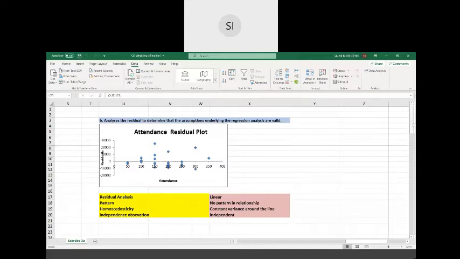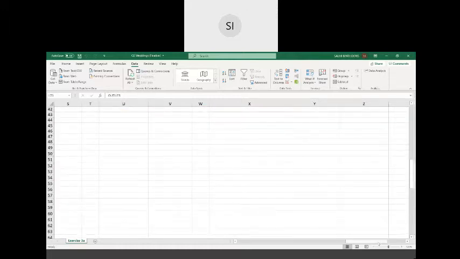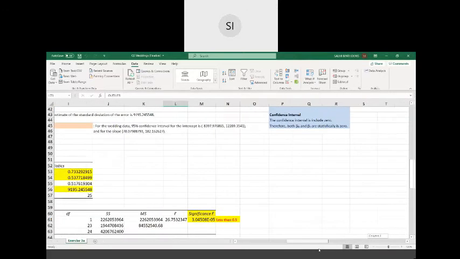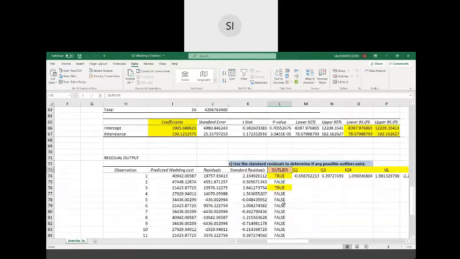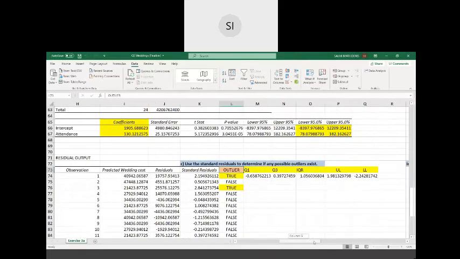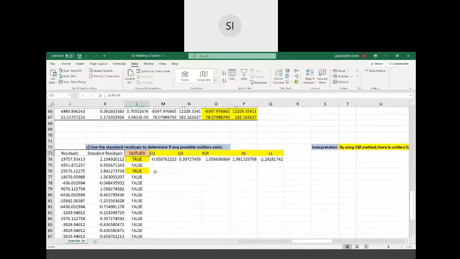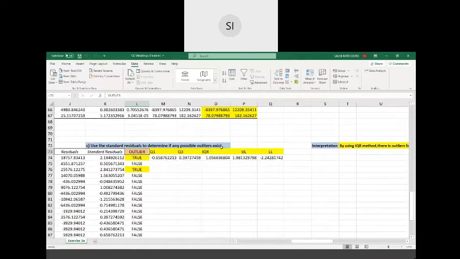Okay, untuk soalan number C. Okay, use the standard residual to determine if any possible outlier exists. Okay, dekat sini saya akan cari outlier tu menggunakan IQR. Jadi first saya akan cari Q1 dan Q3.